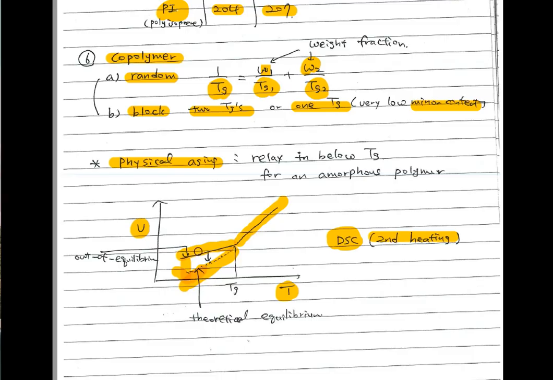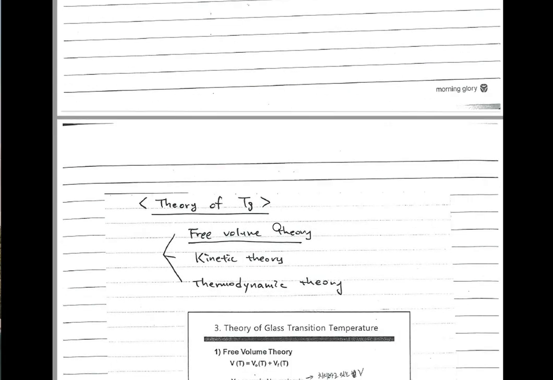Then you will experience this slope change at Tg, and you can measure glass transition temperature by DSC measurement. That's why you have done this second heating cycle when you measured DSC for polymeric samples. Okay, so I'll stop here and let's move on to the theory of Tg, how polymer physicists try to explain this glass transition.